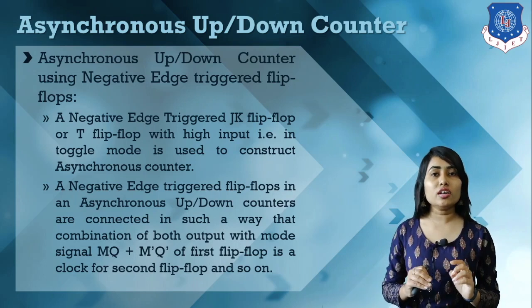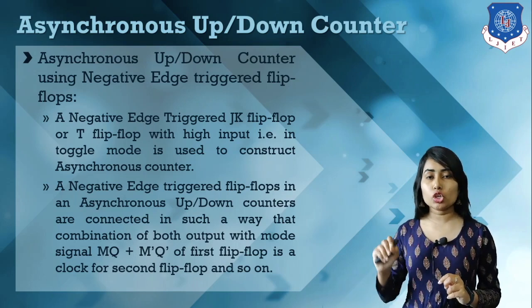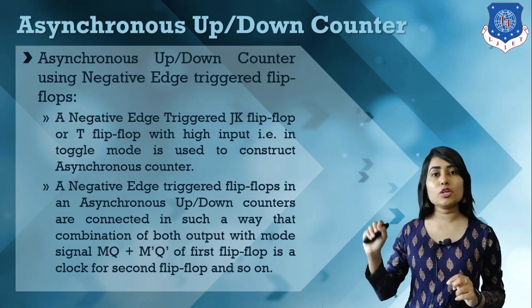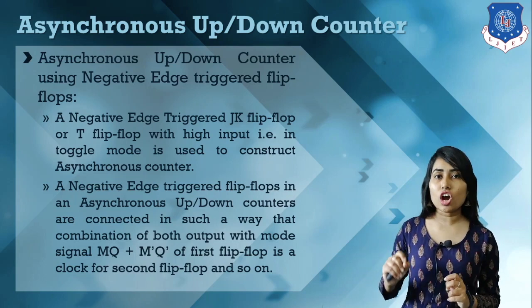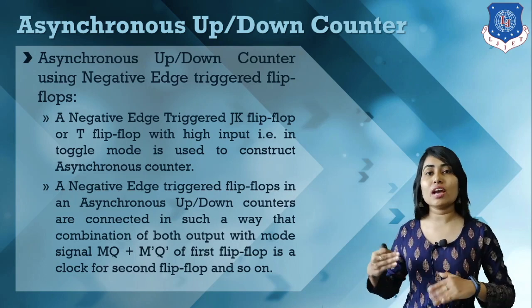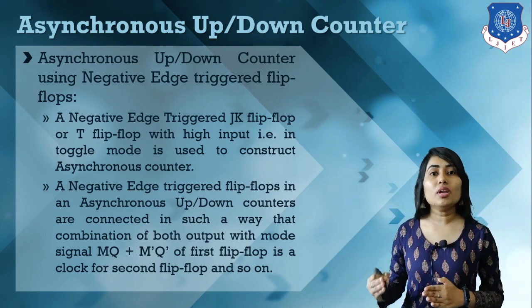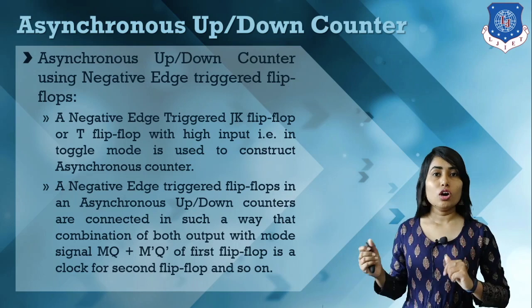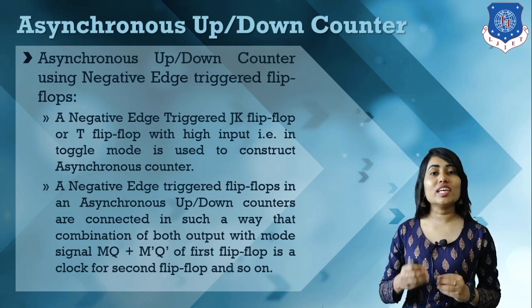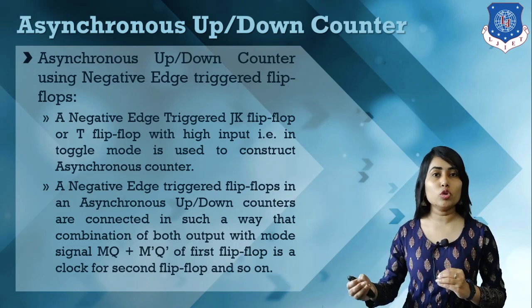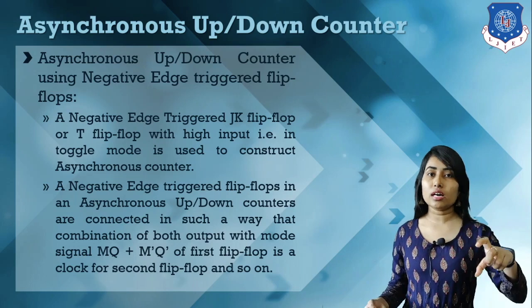Here we connect MQ1 plus M dash Q1 dash as the clock for the second flip-flop. For the next, third flip-flop, we connect MQ2 plus M dash Q2 dash. So this is how we connect the mode signal M with our outputs.